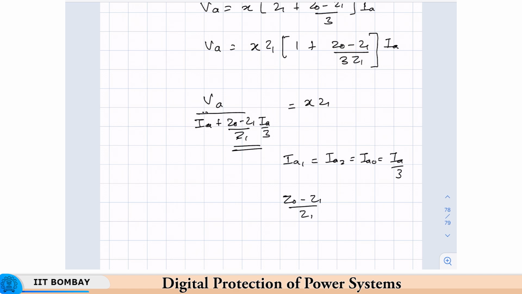Okay, so finally the equation will look like this: VA upon IA plus M I0 is equal to xZ1.